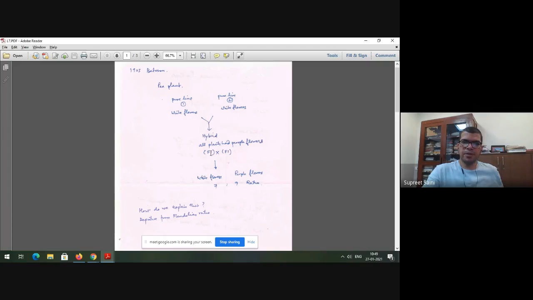Mate them, you get a hybrid which is always purple, and you mate the hybrid and you get white to purple in the ratio 7:9. So this is the challenge that Bateson set himself to explain in this paper: how could this be?